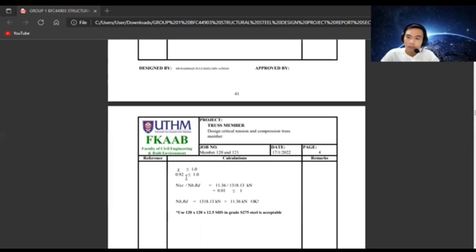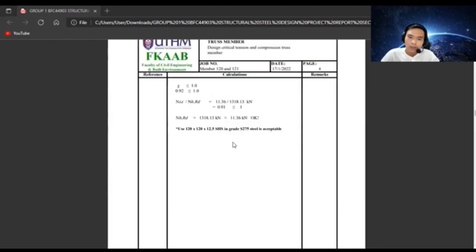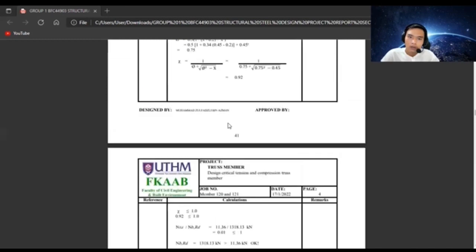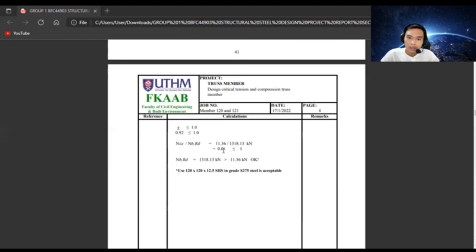If the value is more than 1, we use 1. If the value is lower than 1, we use 0.92. So for N_Ed divided by N_b,Rd, N_Ed is 11.36 for the compression, so we divide by 1318 for the value of N_b,Rd, and the value that we got is 0.01, which is lower than 1.